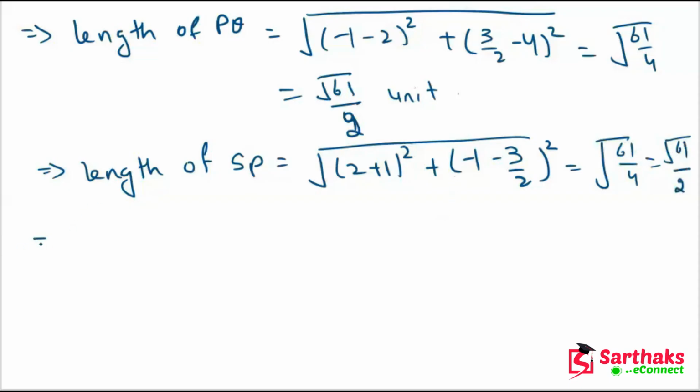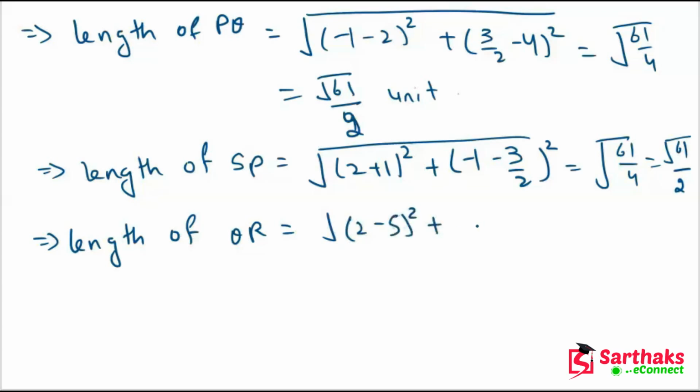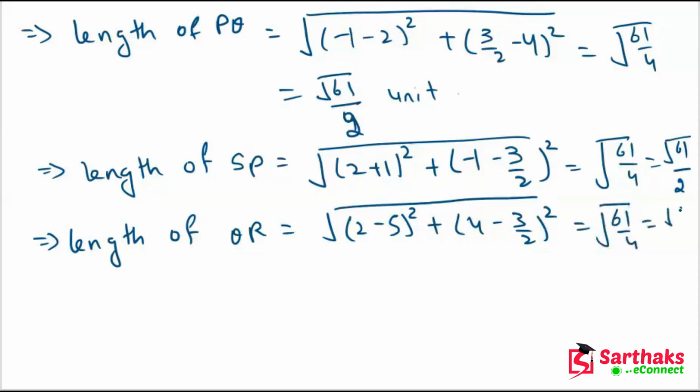Now the length of QR. The length of QR is under root 2 minus 5 whole square plus 4 minus 3 upon 2 whole square. If we solve it, we get the same 61 upon 4, which is equal to under root 61 upon 2.